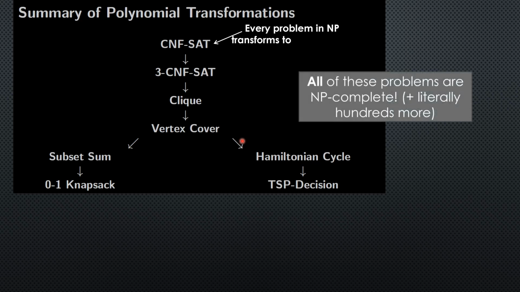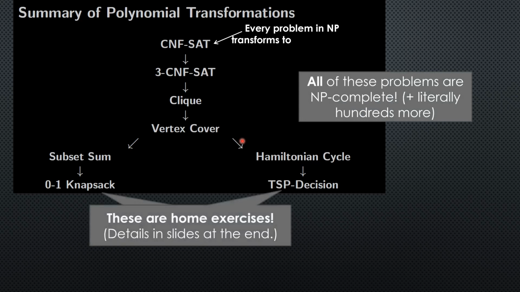Now, all of these problems turn out to be NP complete, and in fact there are hundreds more known NP complete problems and more being discovered all the time. It's an enormous class, and it's quite interesting because it suggests all of these problems are equivalently expressive in some sense. I can solve all of them by reducing them to each other.